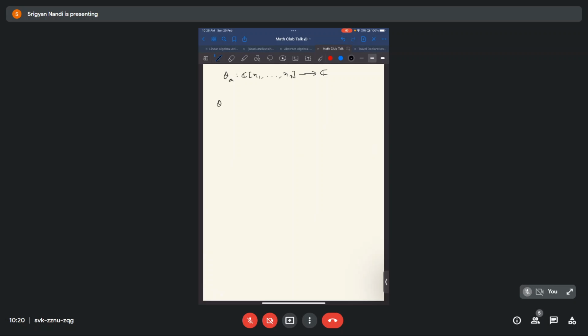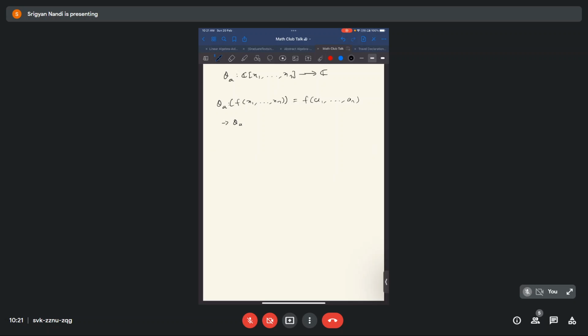So basically theta_a of some polynomial f(x1, ..., xn) goes to f(a1, ..., an). And now we use some properties of this evaluation map.